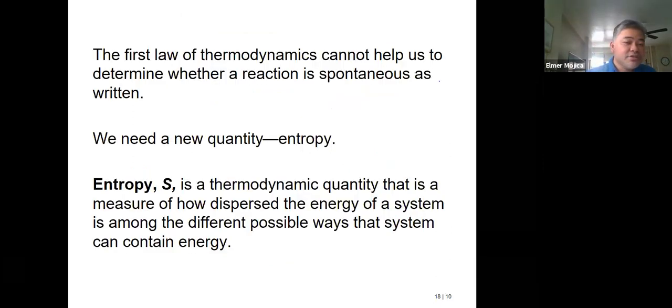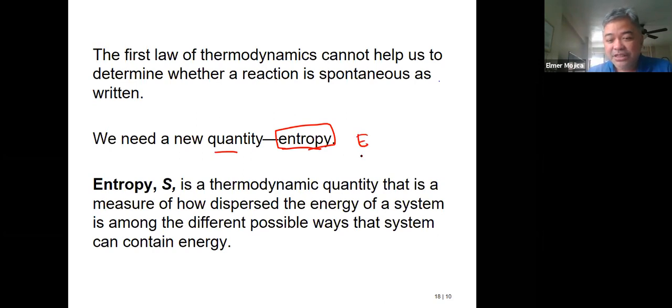So they apply a new quantity. They call it entropy. The first law of thermodynamics cannot help us determine whether a reaction is spontaneous as written.